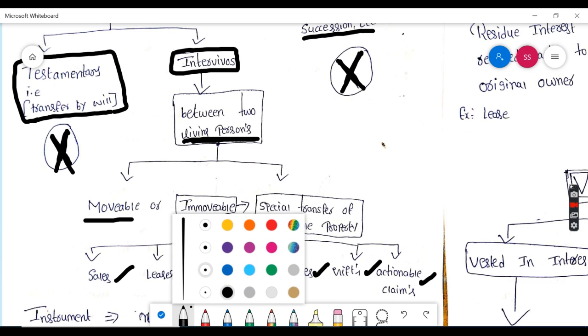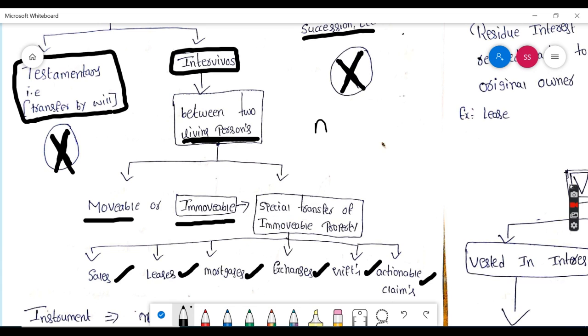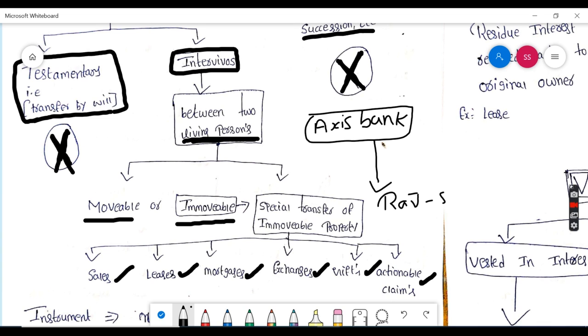Let's just say there is Axis Bank. Axis Bank gave a loan to Raj for 5 lakhs, but Raj is not paying the money, right? Axis Bank is unable to recover the money.